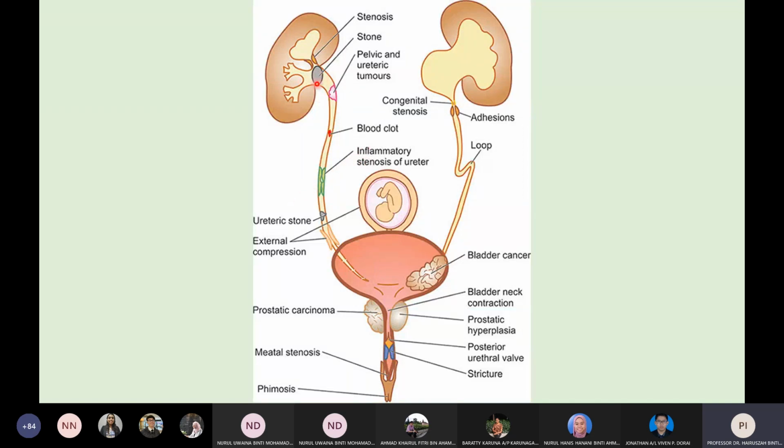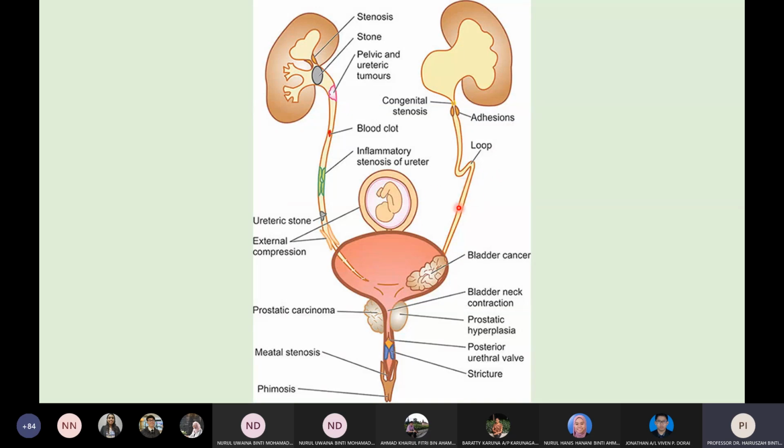More common are the stone at the pelvic calyceal region or stone within the ureter. This is external compression by pregnancy and an enlarged uterus for other reasons. The other thing at the top here is congenital stenosis at the top of the ureter. Or a loop. The loop is also very rare, but these are some of the congenital lesions.